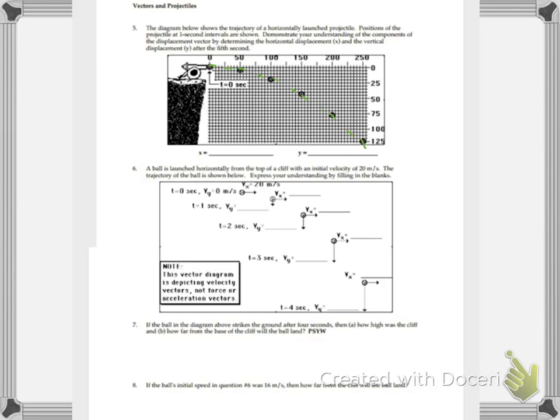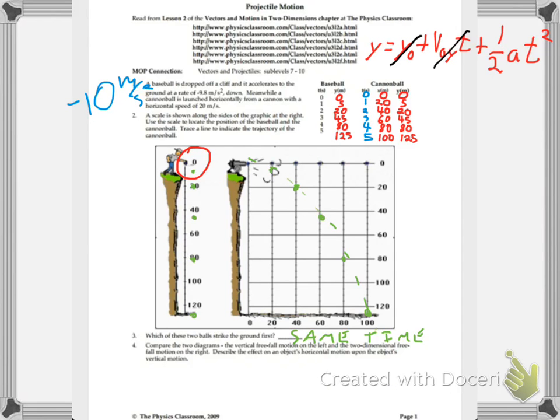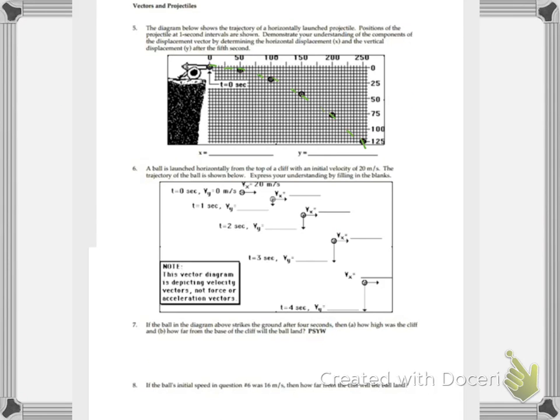And because this is the same problem as before, the total displacement in x, we said, was 100 meters, according to the first part. So our displacement in x is 100 meters from the origin. And we are 125 meters for our displacement in y, for the height of this cliff.